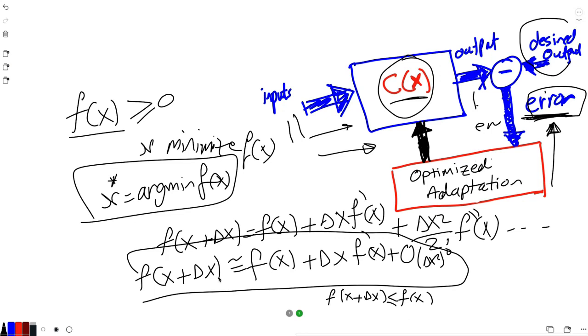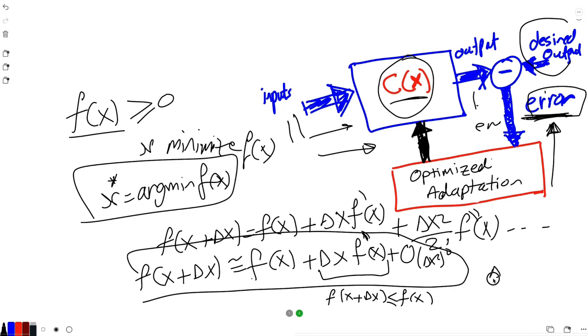Now look at this problem. How can you guarantee that f of x plus delta x is less than f of x? Of course, the answer is very easy: delta x times f dash of x must be less than 0. If it is negative, then this will be achieved.